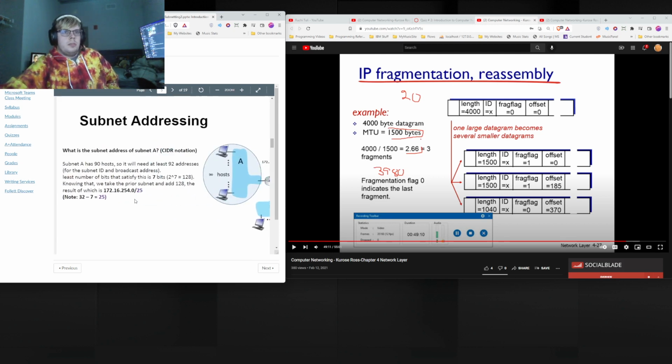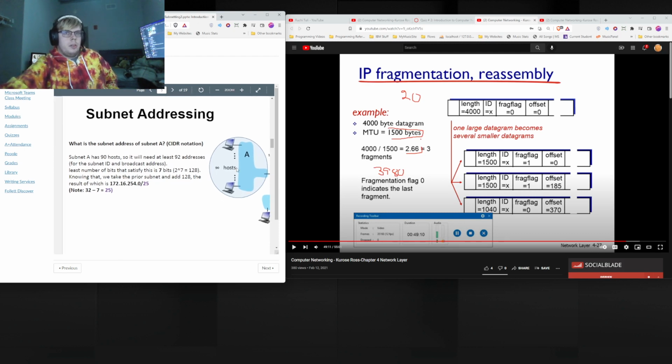Wait, so we'll need at least 92 addresses. The least number of bits to satisfy this is 2 to the 7, 128. Knowing that, we take the prior subnet and add 128.